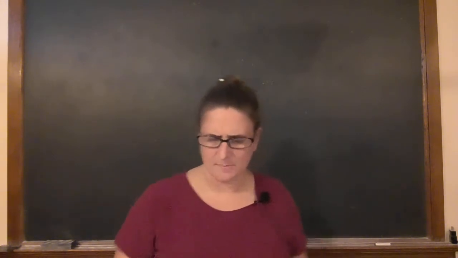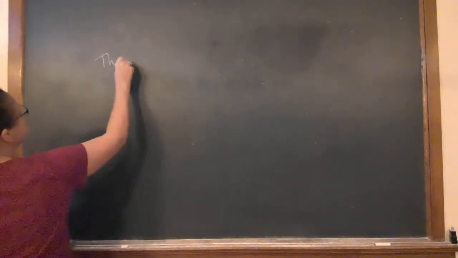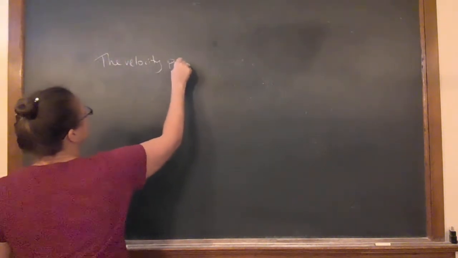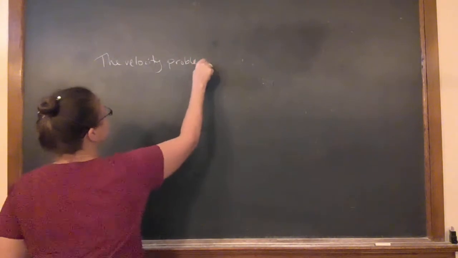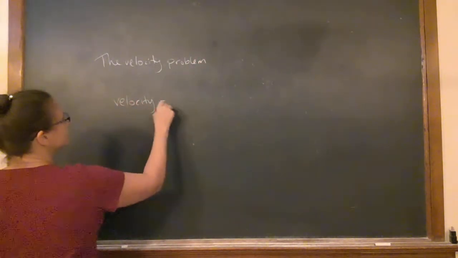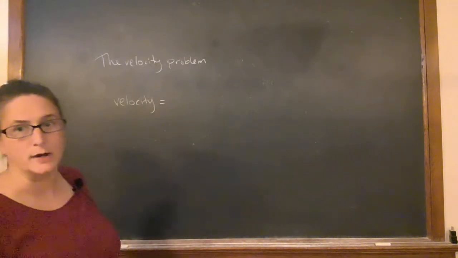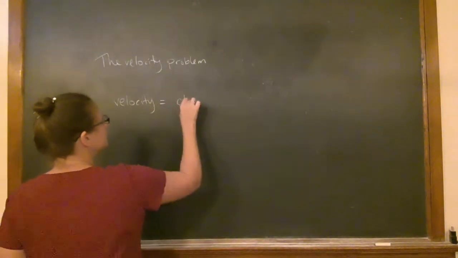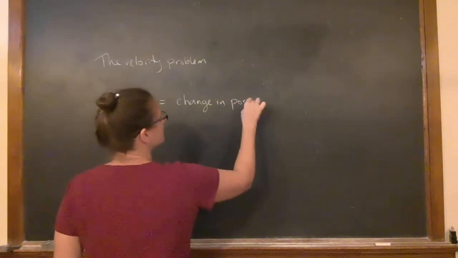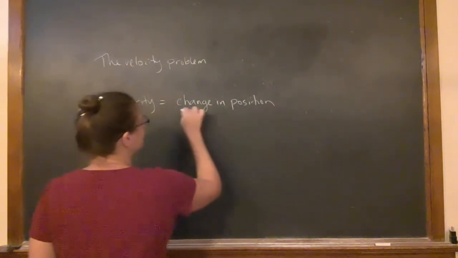Originally, let me talk about the velocity problem, for example. So the velocity problem, what is velocity, right? Velocity is going to be sort of how fast you're going, right? So it's the change in position over the change in time.